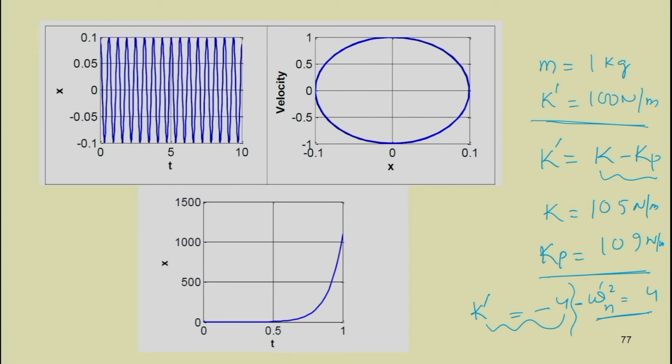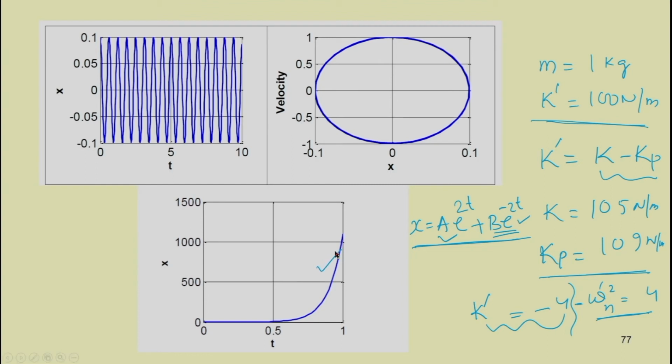So x equal to a e to the power 2t plus b e to the power minus 2t. As t tends to infinity, one part tends to 0, but the other part will grow exponentially. You can see this part is growing exponentially.